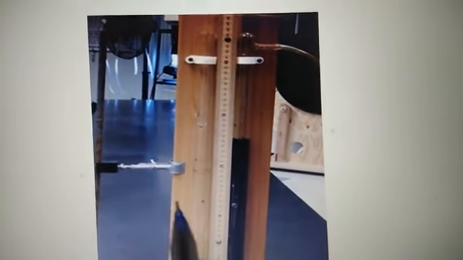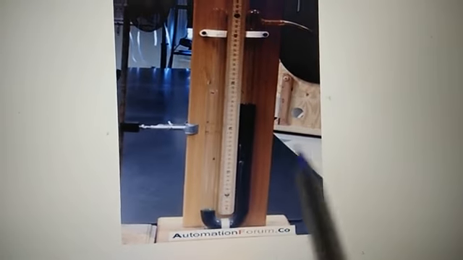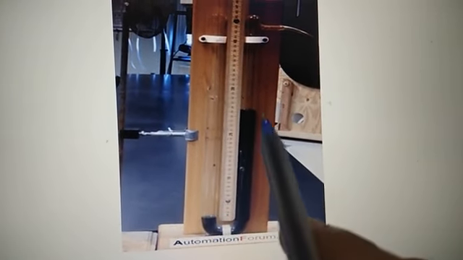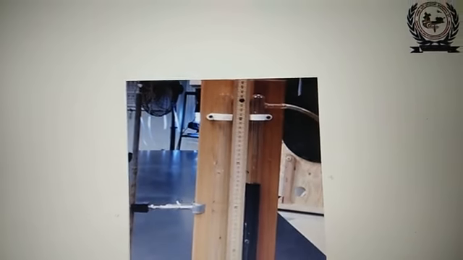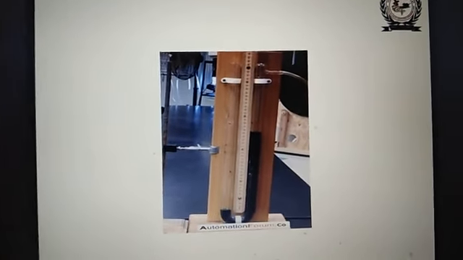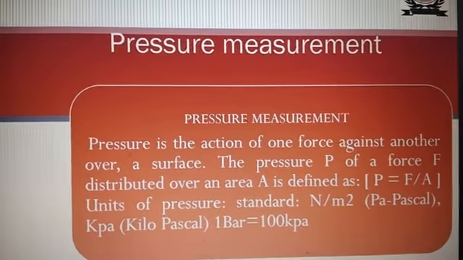This diagram I have already shown you. This is the manometer and this is the liquid here, and the reading can be observed here. When pressure arises across this, the height of this liquid can be measured. So this is the example of the manometer.